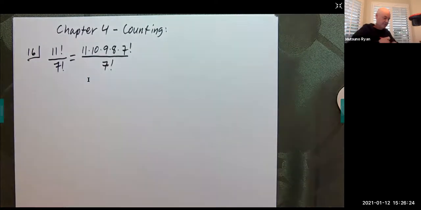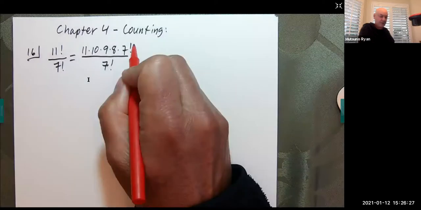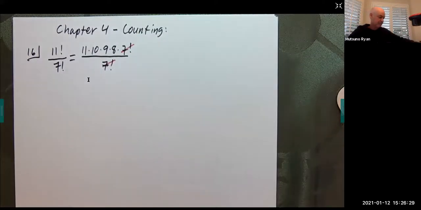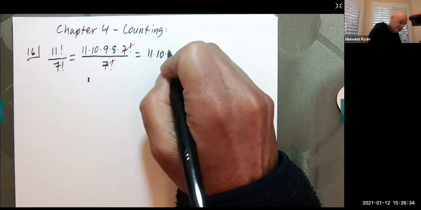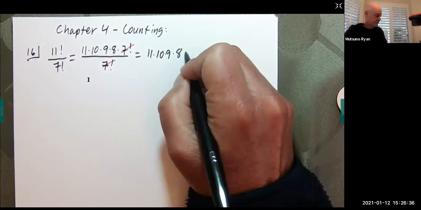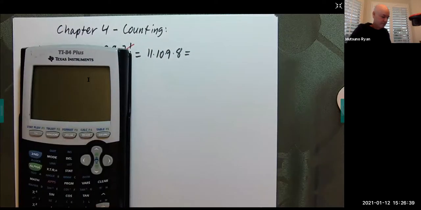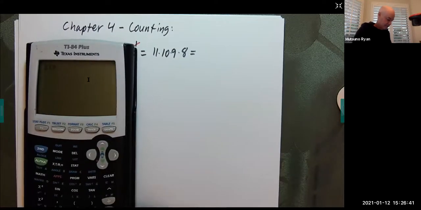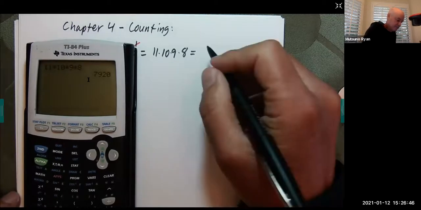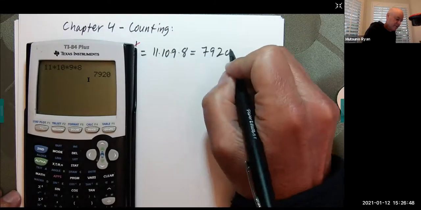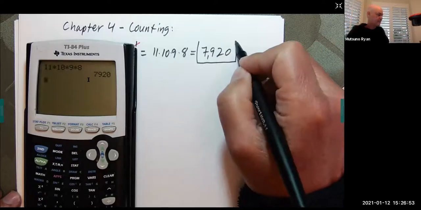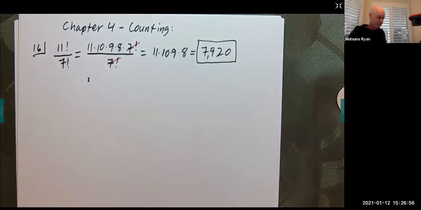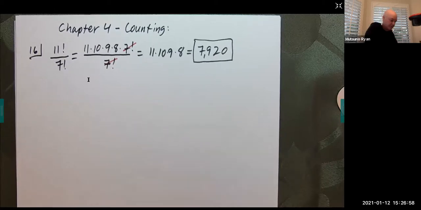We can break it down like this so that we can reduce out the 7 factorials, and we're left with 11 times 10 times 9 times 8. That is 7,920. We have no unit with this one, so we don't really know where else to go with that.